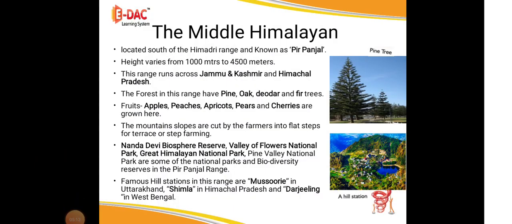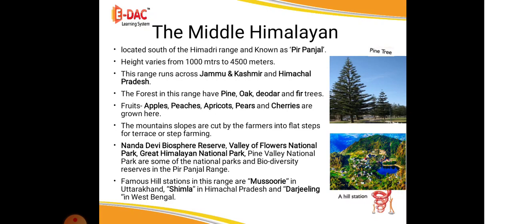The Middle Himalayas, located south of the Himadri range, are known as Pir Panjal. Height varies from 1000 meters to 4500 meters. This range runs across Jammu and Kashmir and Himachal Pradesh.